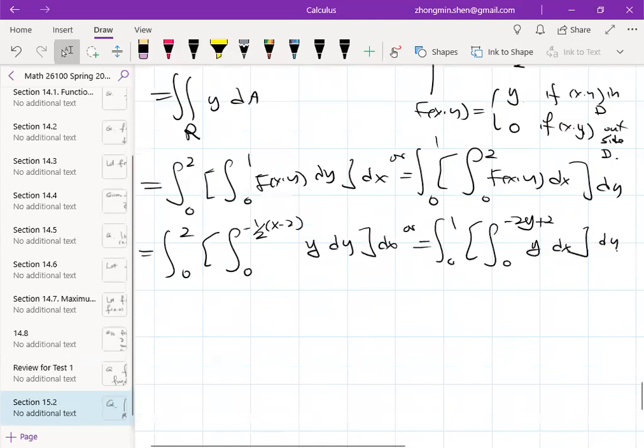It's hidden in the iterated integral. You have to figure out the domain first. Suppose I give you the iterated integral on the left-hand side and ask you to write down the domain first, then interchange the dx and dy. That means I want you to get another one on the right-hand side. Okay?